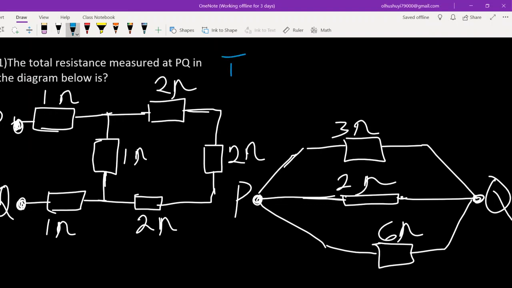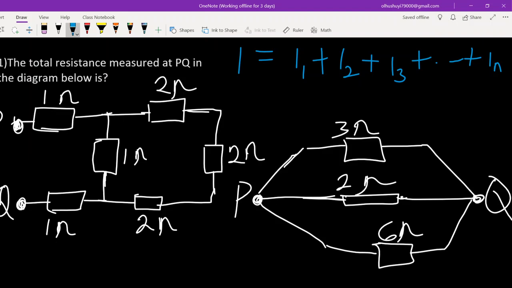That implies that the current, let me just use my normal I, the current here will be equal to I1 plus I2 plus I3 and on and on to the nth current.